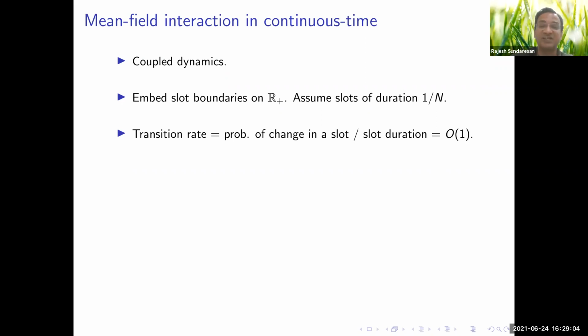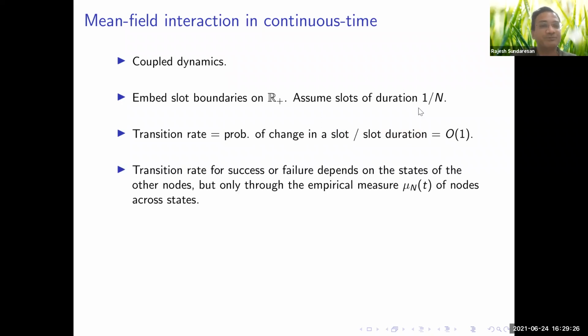So that would be the transition rates. They are of the order of 1, because the attempt rate is of the order of 1 over n. And then you might change to one of the states, that's of the order 1. So overall, the numerator is of the order 1 over n. But then the denominator, which is the slot duration, we just set it to 1 over n. So that gives us a transition rate of 1 over n.